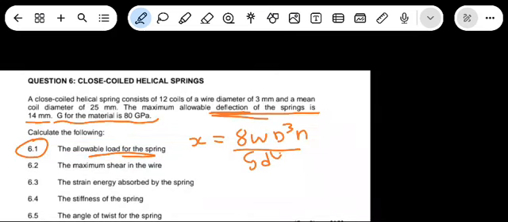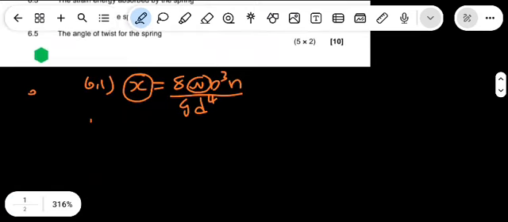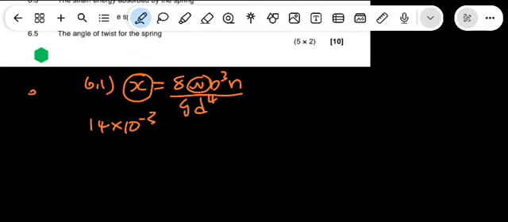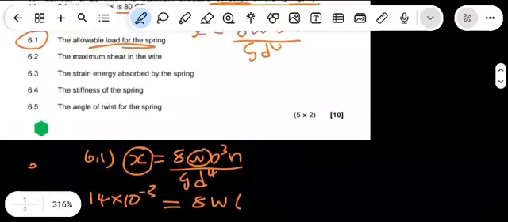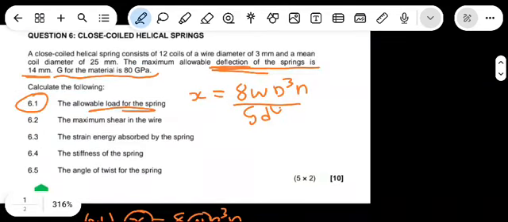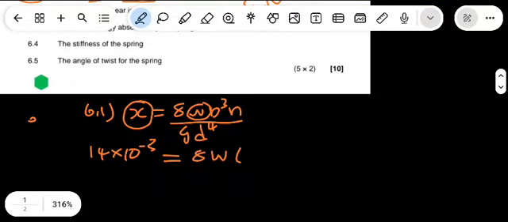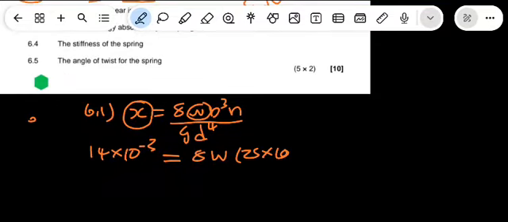The deflection of the spring is 14, so we have 14 times 10 to the power of minus 3. We have 8. The weight is the one that we're looking for. We have D, which is 25 here, the mean diameter. Remember, the big D is the mean diameter. It's 25, but since it's in millimeter, it will be times 10 to the power of minus 3.